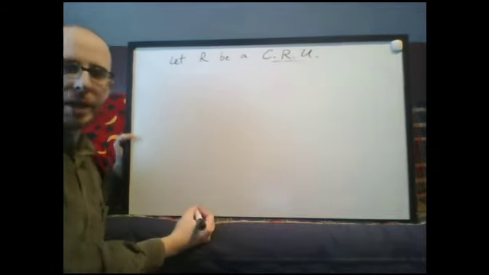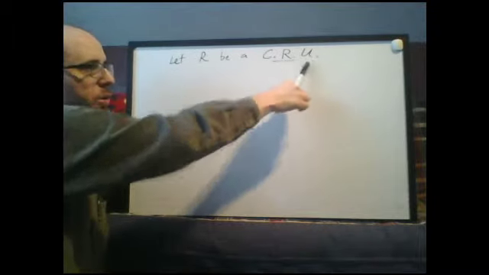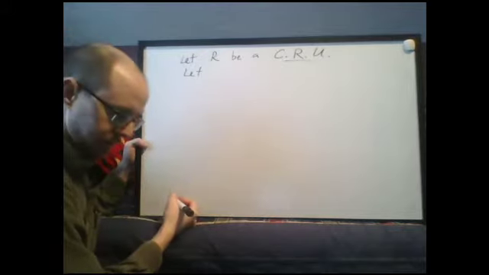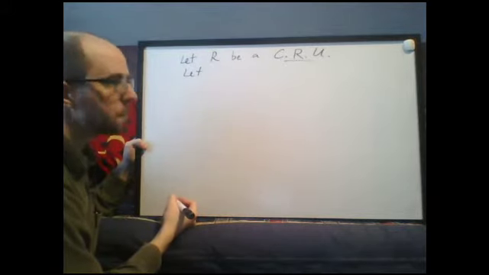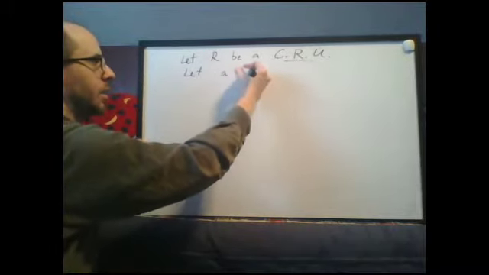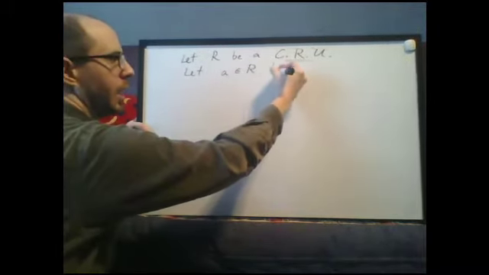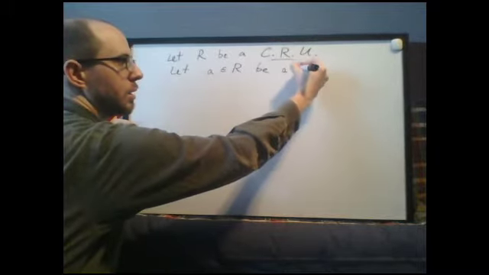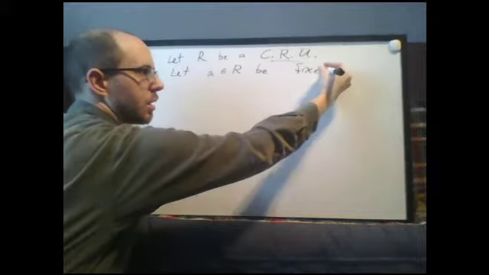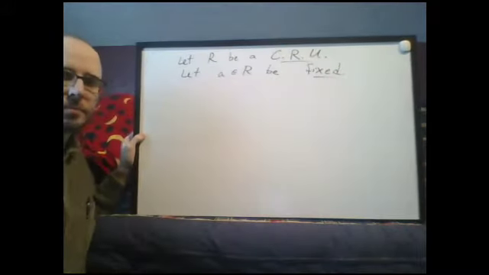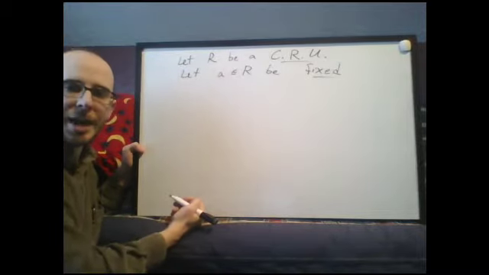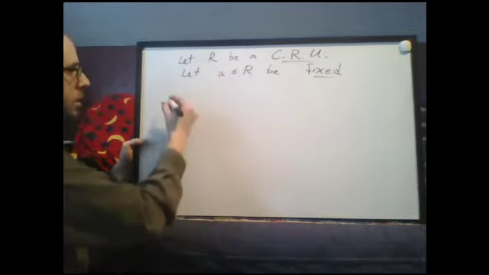And let a belong to R be fixed. So we pick our favorite element, and now we're going to generate an ideal based off of that one element.